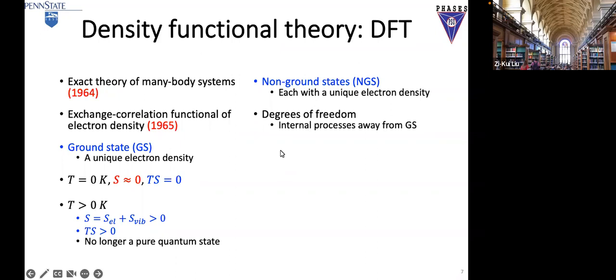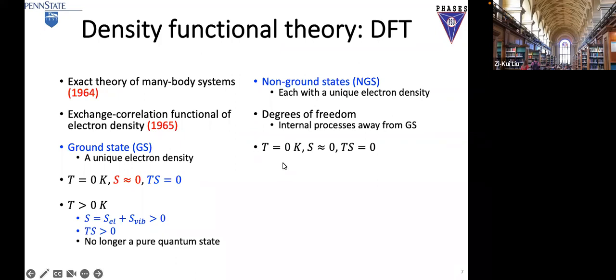So you've got a bunch of them, every one of course at a different energy, right? The ground state has the lowest energy, and any other state is going to be higher in energy. But each of them would also have entropy approximately equal to 0, and TS equal to 0, at 0 Kelvin.